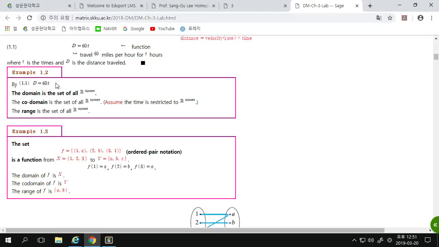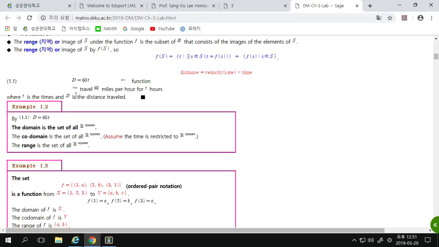So this is the range. And d = 60t is an example of a function, where d is a distance, 60 means the velocity, and t means time. Then we can think of the traveled miles after a certain time t.